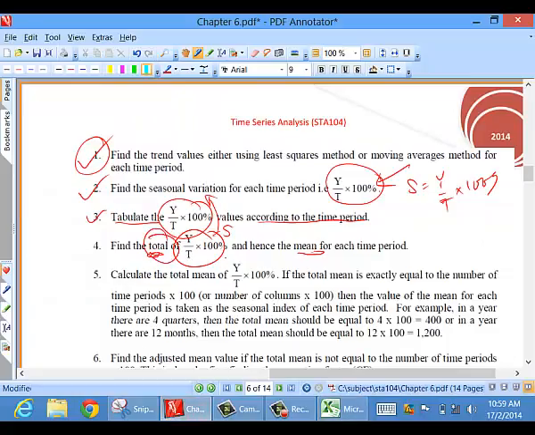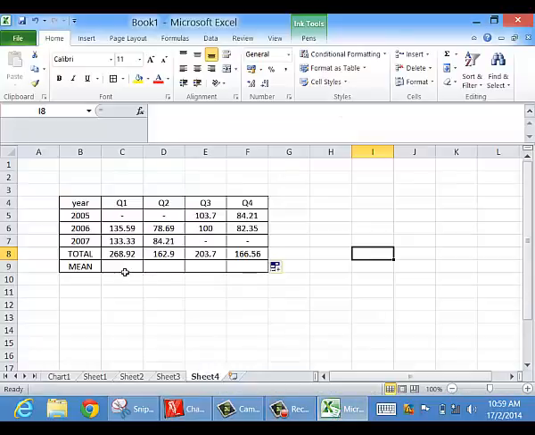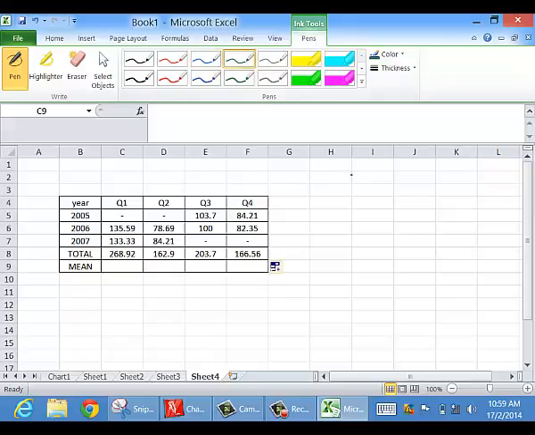Now once you find the total, what does it say next? Find the total and find the mean. So you need to find the mean. The mean is equal to summation of x divided by n. So this is your summation of x. Now how many n do you have for quarter number 1? 2. Then you divide by 2.